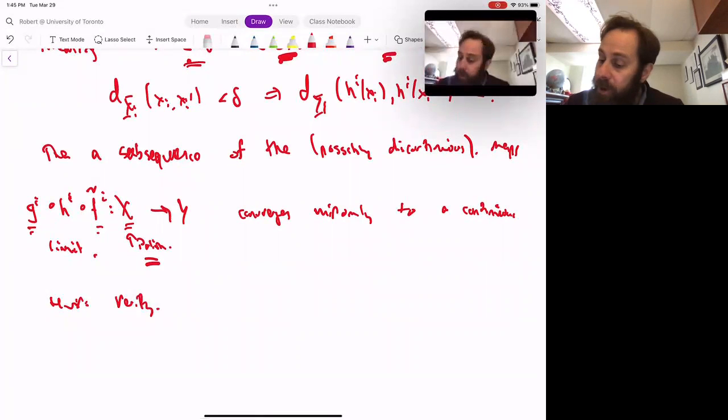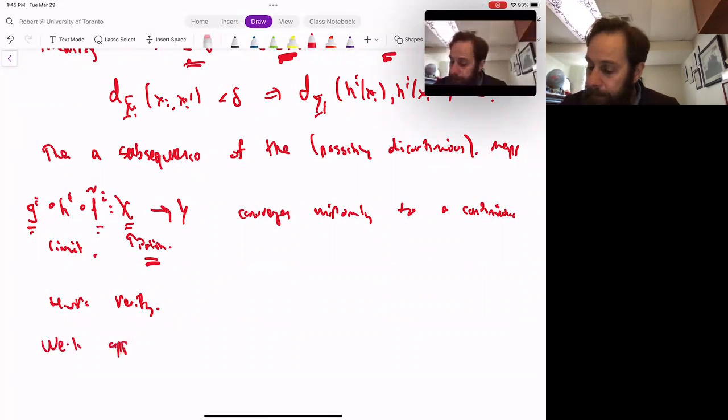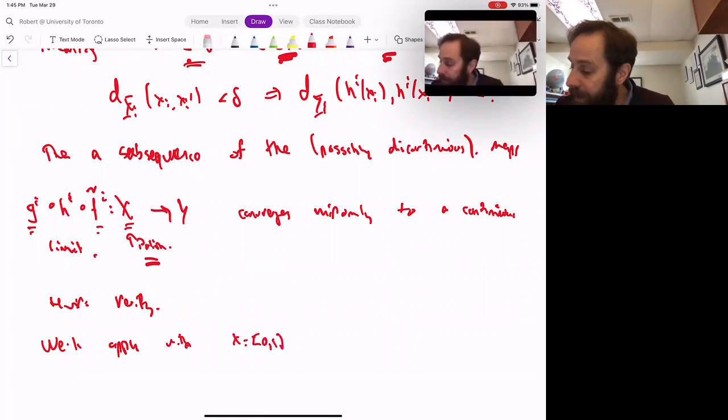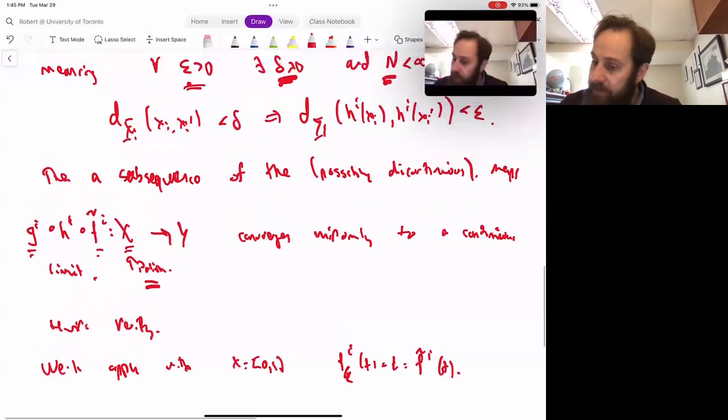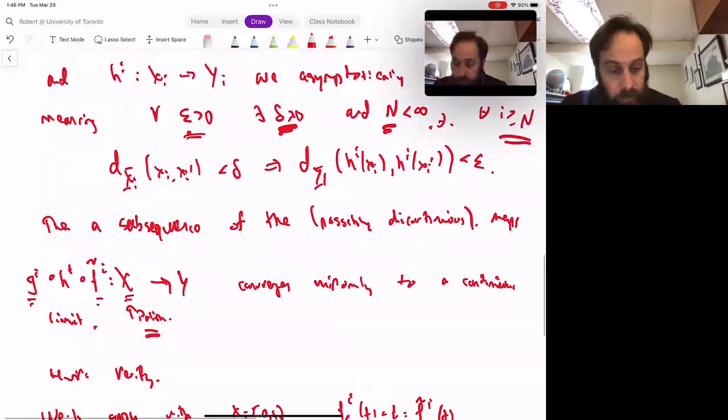But I really only want to apply this in the case where X is the unit interval and F_i is the identity map. And so it can be its own approximate inverse. And so because the corollary that I want to get out of this is, oh yes, right.